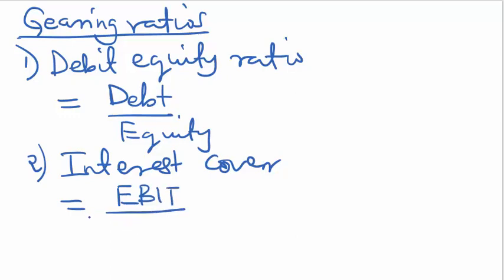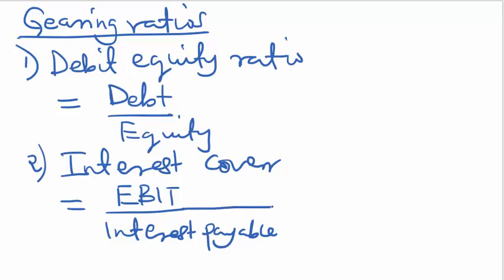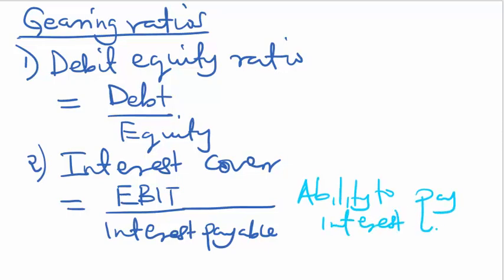All this ratio tries to do is to see the company's ability to pay for interest using the earnings that the company has made. So these are the major ratios that I wanted to present, and these ratios are very important in helping us make financial decisions.